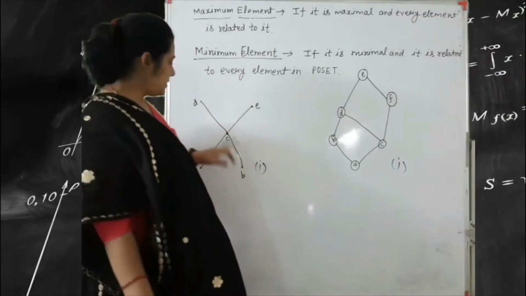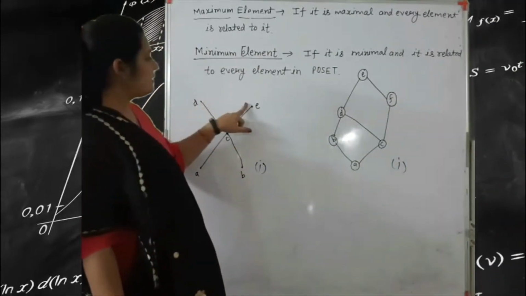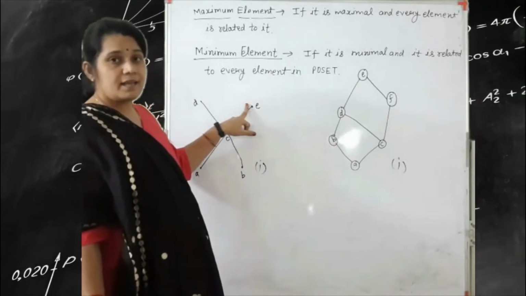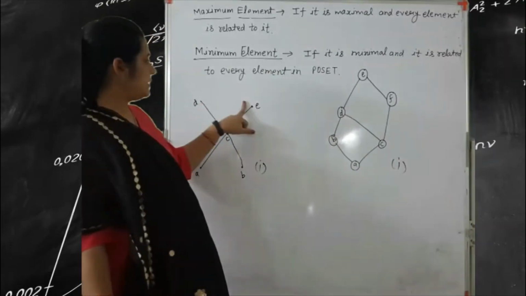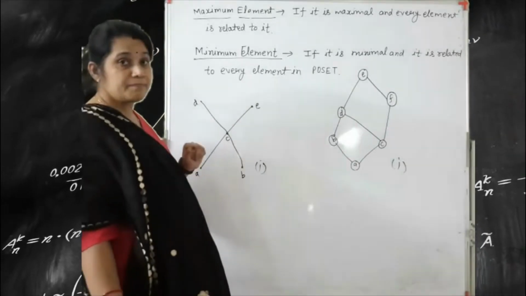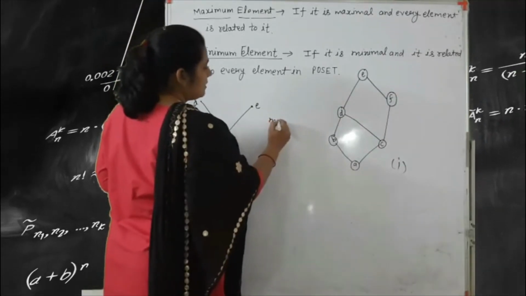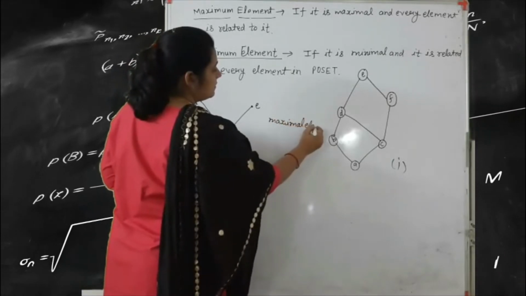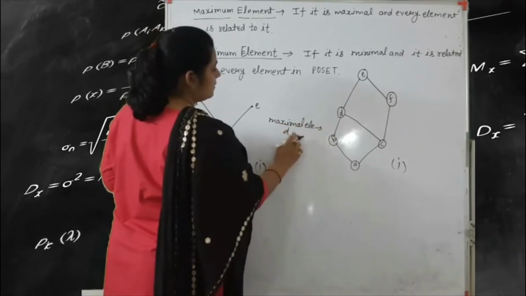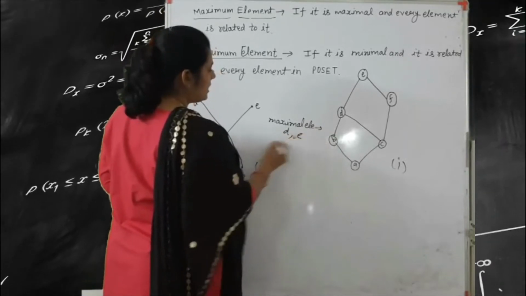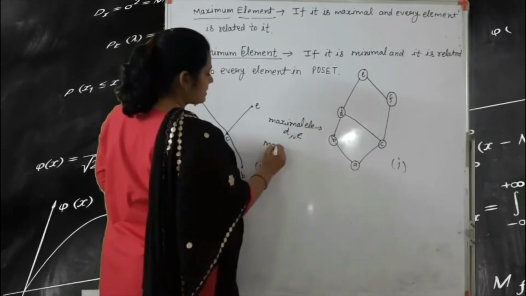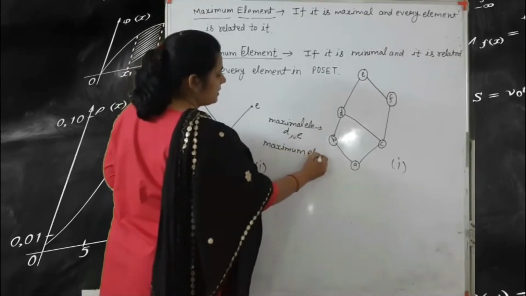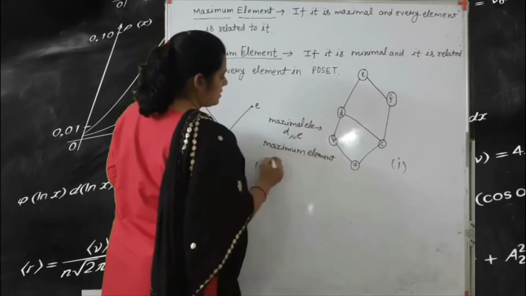Okay, so here D and E both are maximal elements. So the maximal elements are D and E. But the maximum element, what is that?